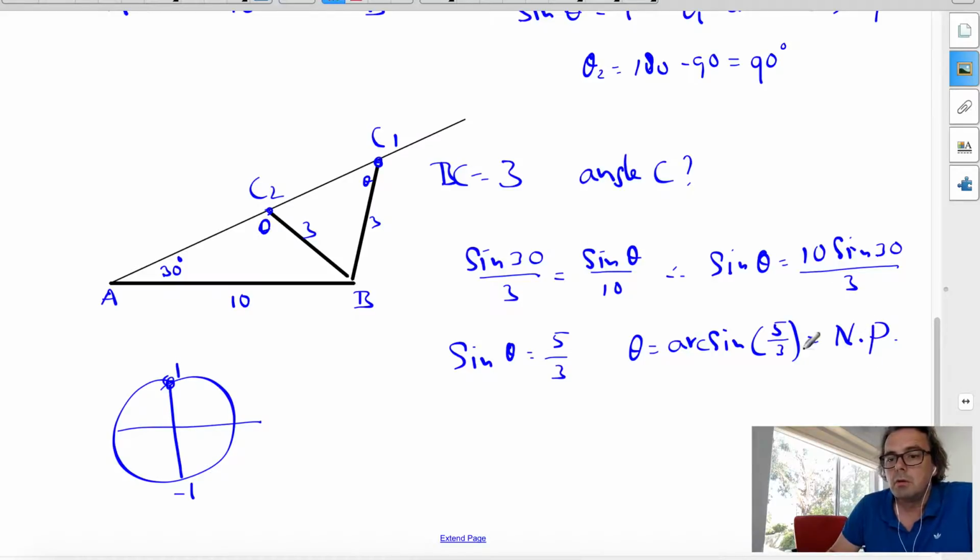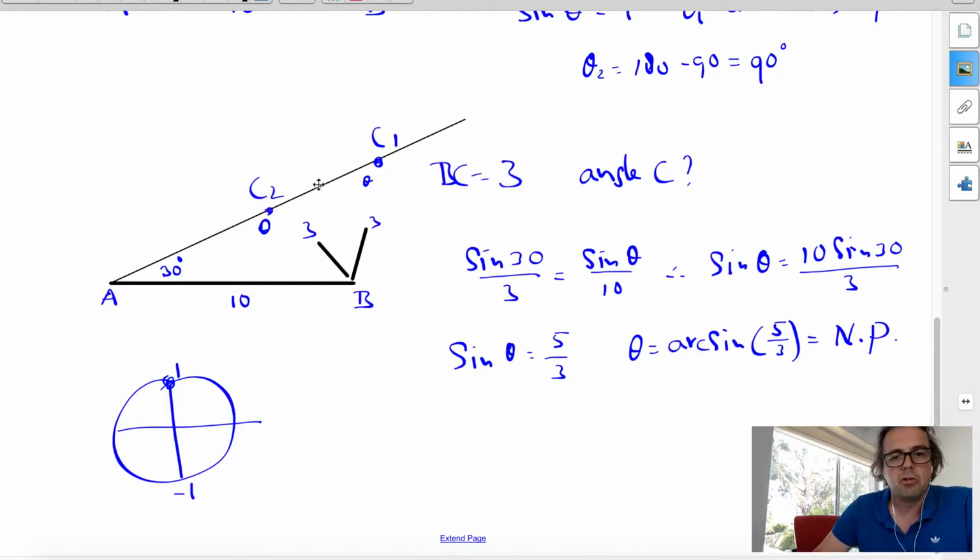Okay, but if there is no answer, how come I could draw a triangle here? Well, it turns out that I really can't. I cannot draw a triangle there, because 3 centimeters or 3 units just doesn't make it to the other side, no matter how I try.